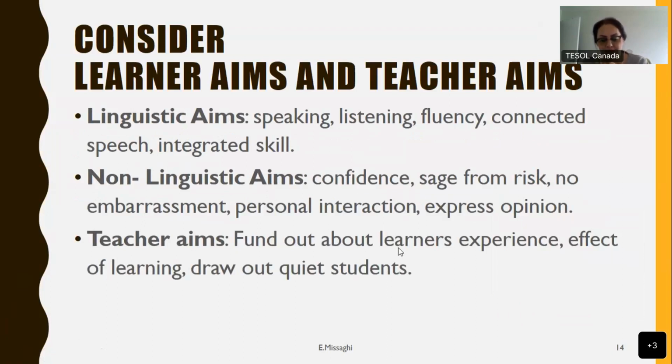For enabling, linguistic aims are important. Which skill is it? Is it speaking, listening, reading, or writing? Is it working on fluency, connected speech, integrated skills? So you have to explain it in enabling.